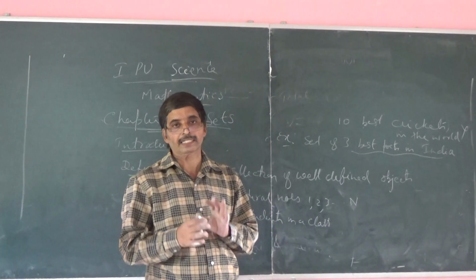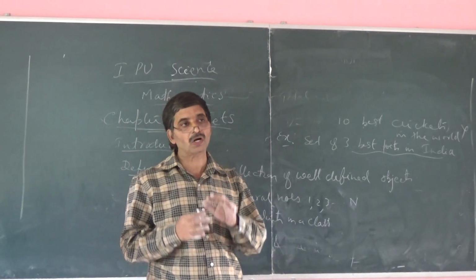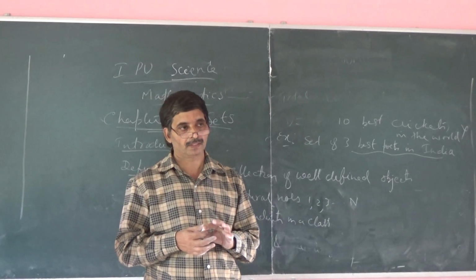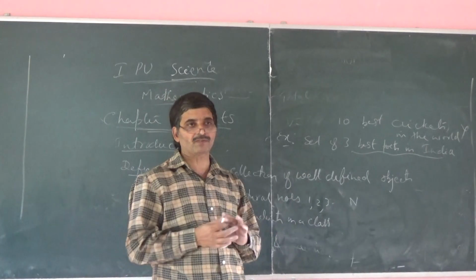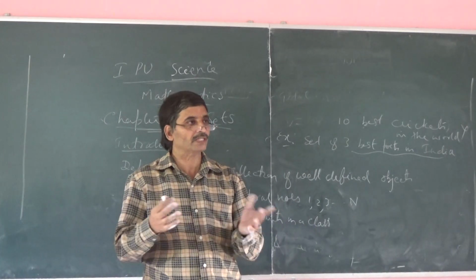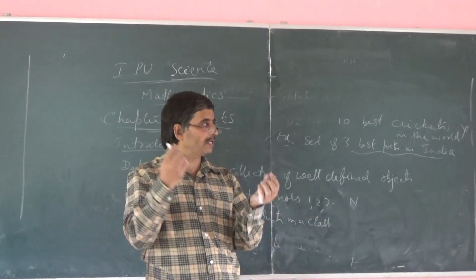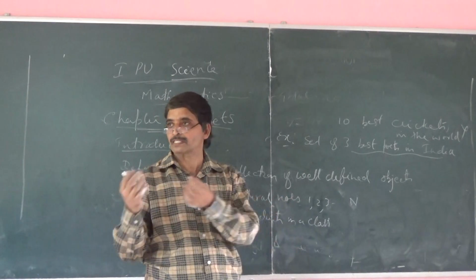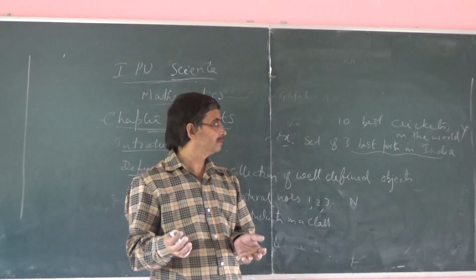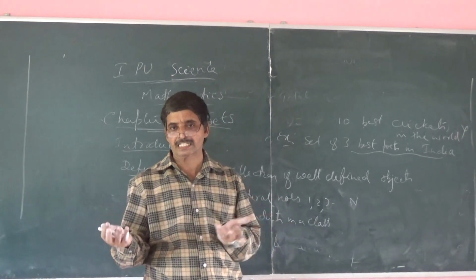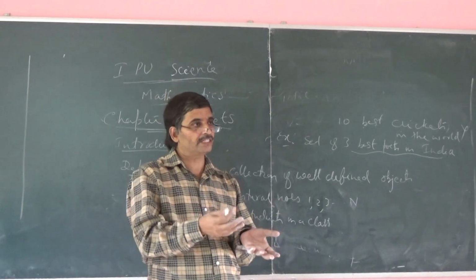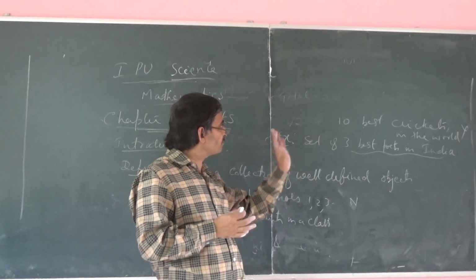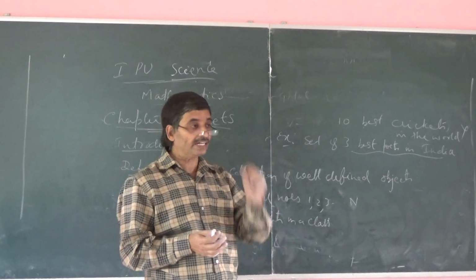So there is ambiguity. Set of 3 beautiful places in the world. Again, you can't tell because one may say Taj Mahal, one may say Pisa Tower or Great Wall of China, or somebody may say something else. So it is not well defined.